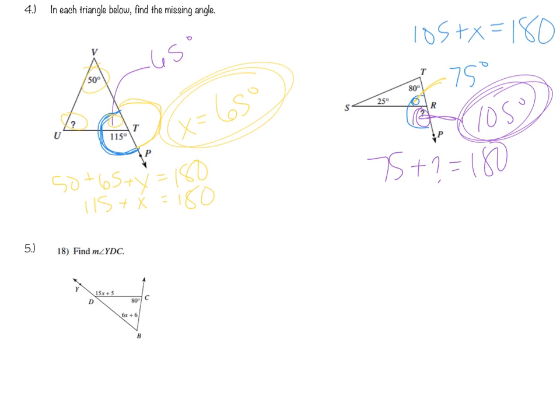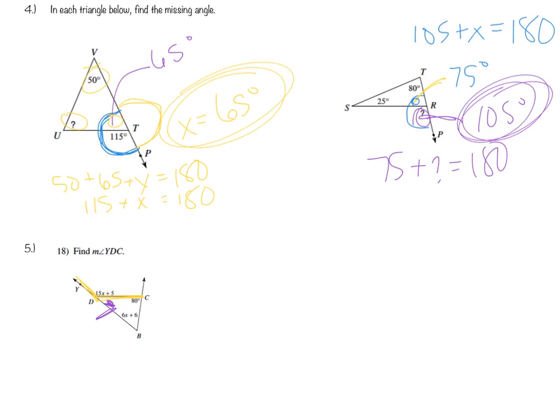And finally, find the measure of angle YDC. So the measure of angle YDC is this angle right here. So first we need to figure out, what does x equal? So if you look at this, we know that the measure of the missing angle right here, that we don't know, of angle D, it has to equal the same thing either way.